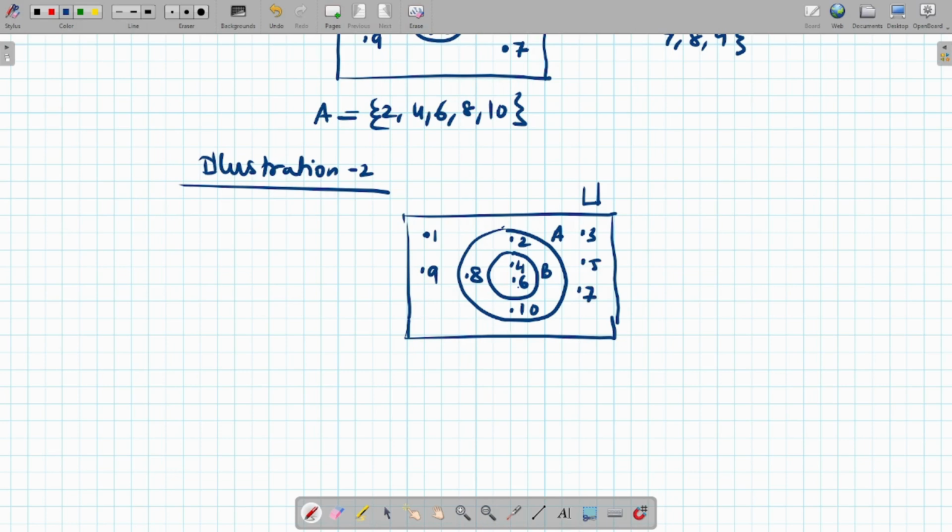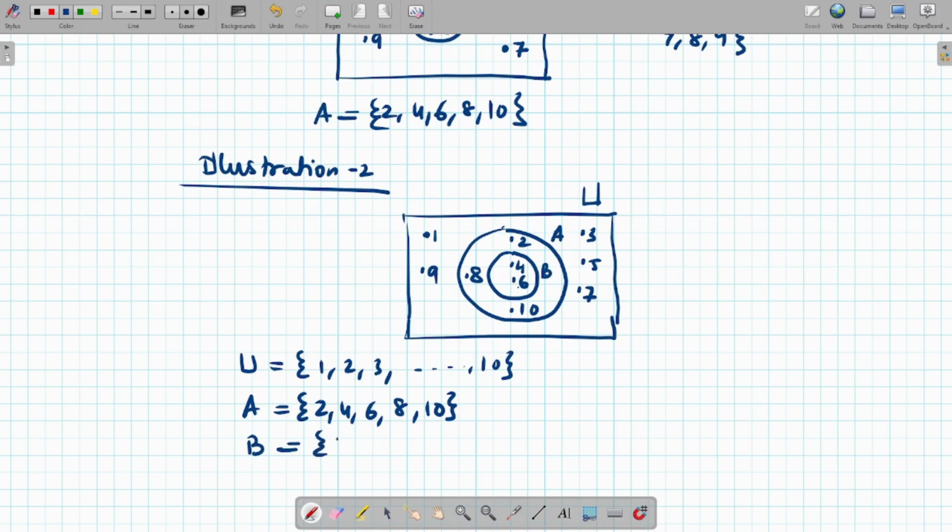So what do we see in this figure? My U is 1, 2, 3 all the way up to 10, and then my A is 2, 4, 6, 8, 10, and then there is B which is 4, 6.